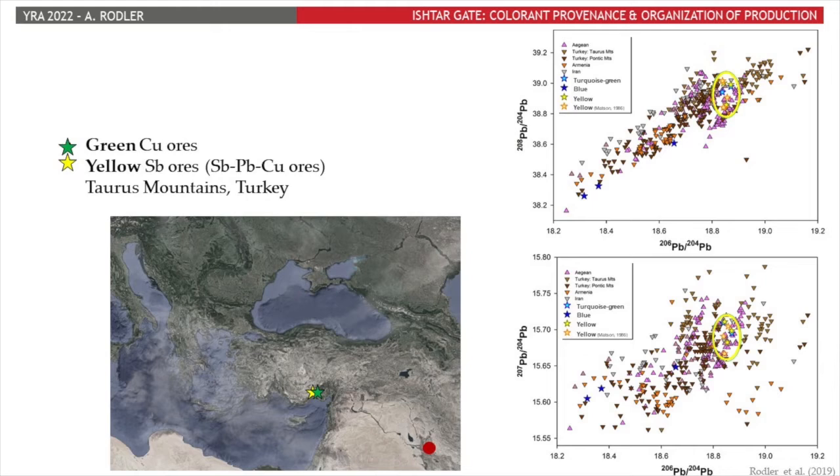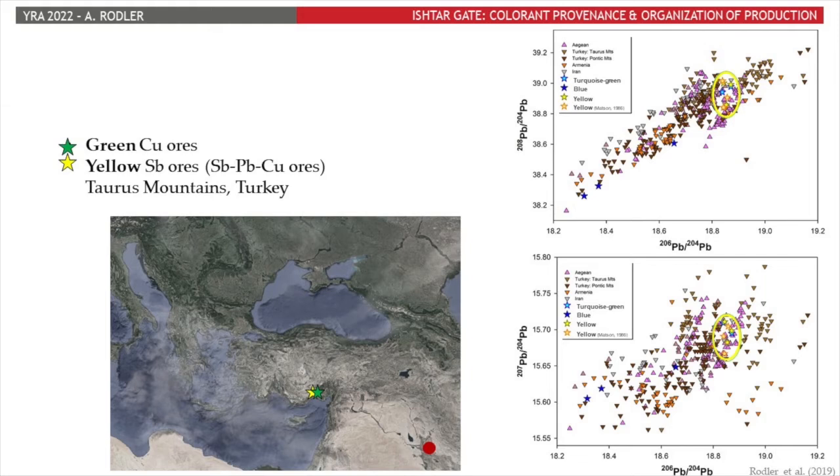The samples are here with the blue, green and yellow stars. The triangles are largely from areas where the raw materials might have come from. They plotted best, and in statistical evaluation they were the closest match, in a way excluding other source areas that were least likely to have been used.